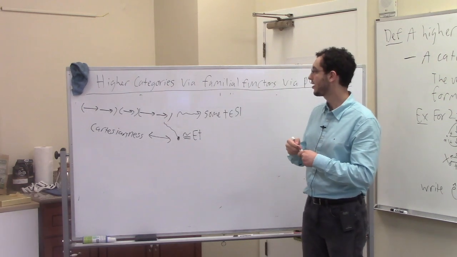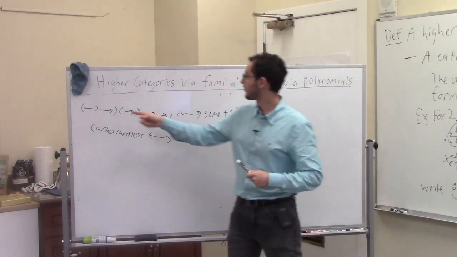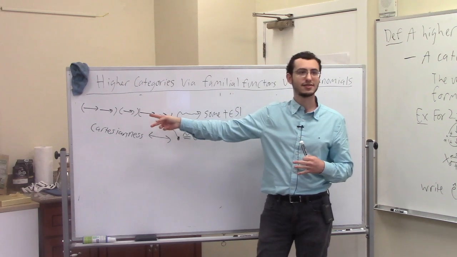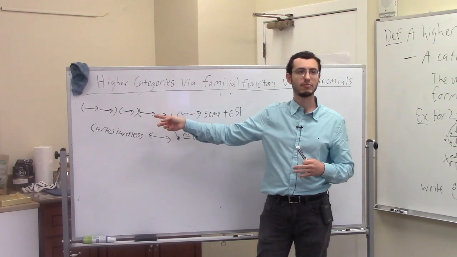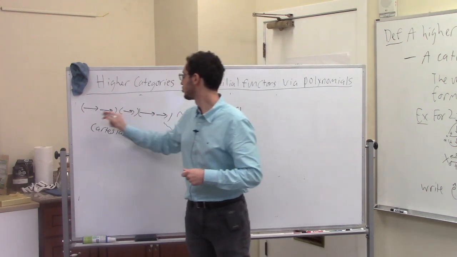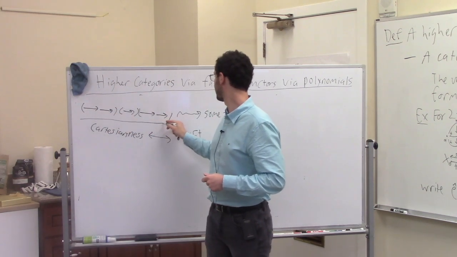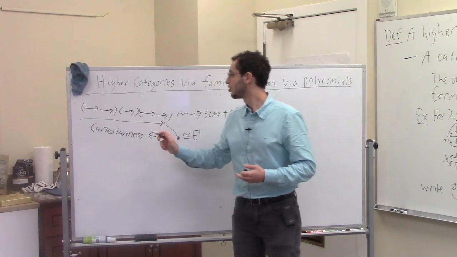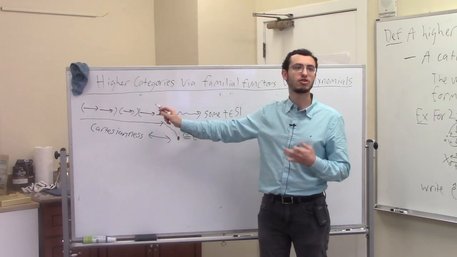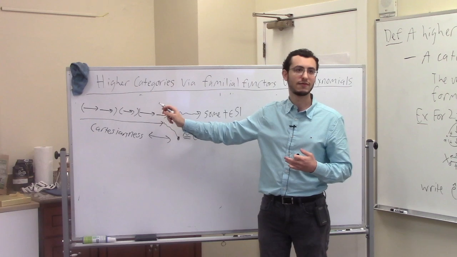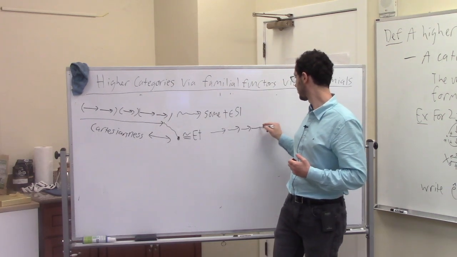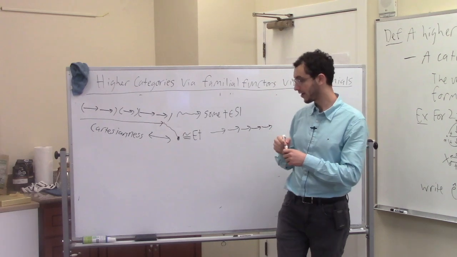That if we need an operation that can send something like this, a nested path of this form, to a single arrow, then we need that operation to take in the same sort of underlying cell information where we forgot the nesting. So in this case, it would be 5 arrows.